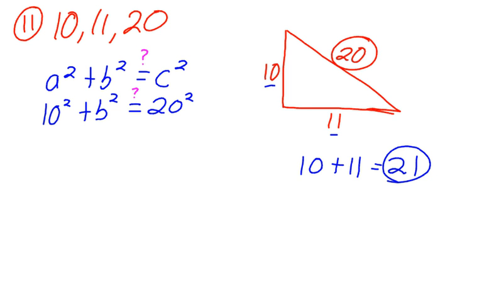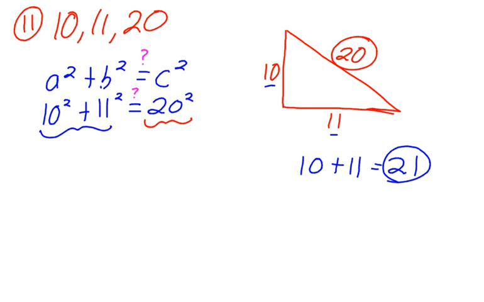And instead of b here, I should have filled in my 11 squared, since I know all three values. Now I'm simply going to calculate the left side and the right side and check to see if these two are equal to each other.